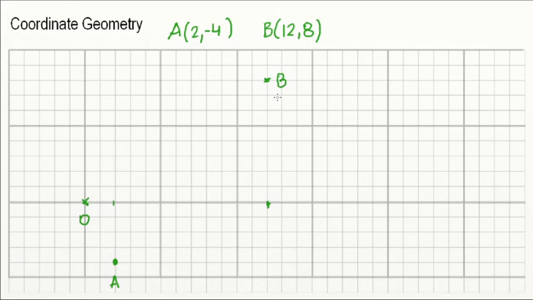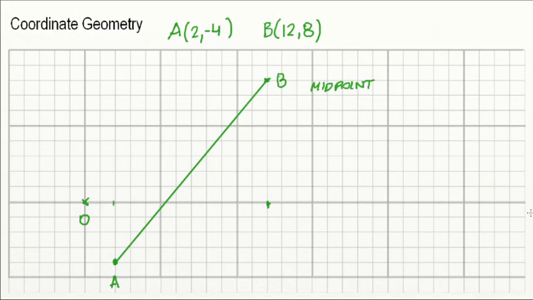So that's where it would be. So let's say that those two hikers are communicating via radio and they want to meet each other at the distance which is halfway between both of them. So in this case, we're looking for the midpoint.